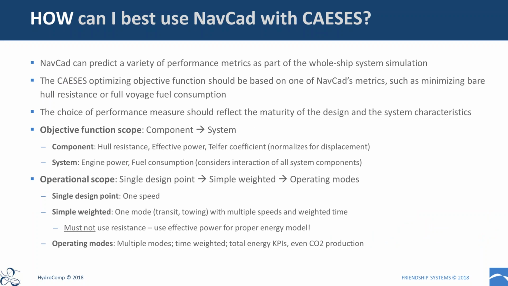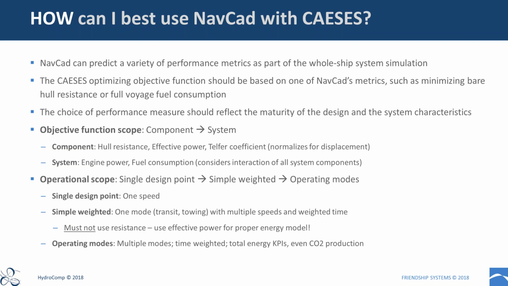So here are some thoughts that I would like to share for those of you actually beginning to use NavCad with CAESES about how you can best use it. Well, one thing is NavCad can predict a variety of performance metrics as part of the whole ship system. I was talking a moment ago about how total mission fuel consumption might be one of the objective functions that you would use.